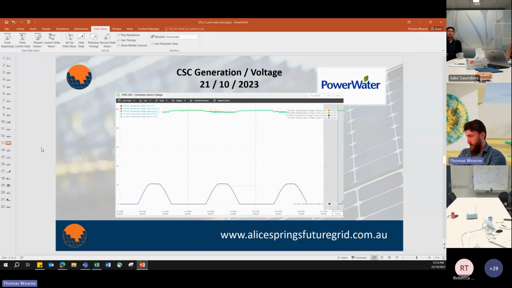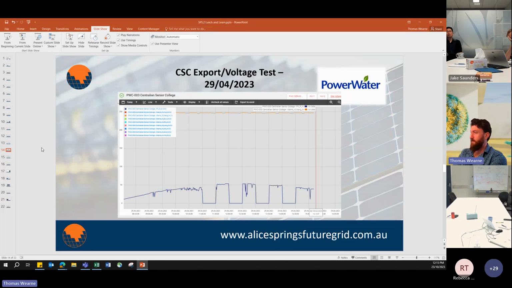For this site, we had to tap the transformer to its lowest setting, because it was sitting at about 256 volts average when we did the assessment, and that was actually an issue with getting the site connected. But now we've got it operating, you can basically see the voltage is actually a little bit lower while the solar's on than it is at night, and that's due to the effects of volt VAR, which the inverters just manage natively in this case.